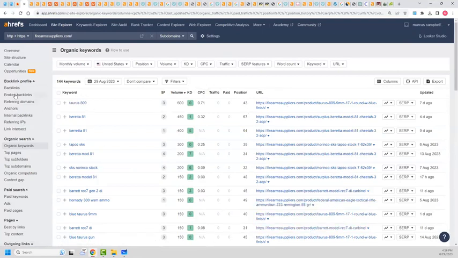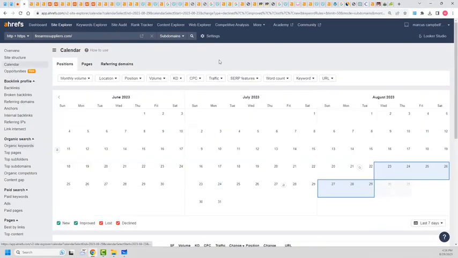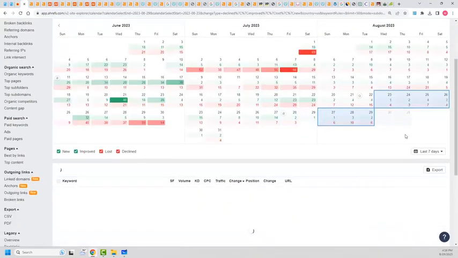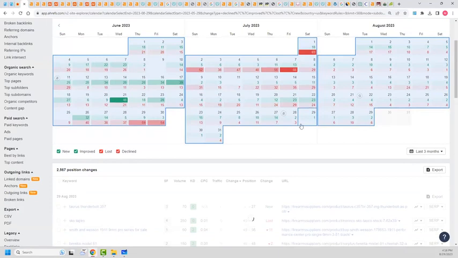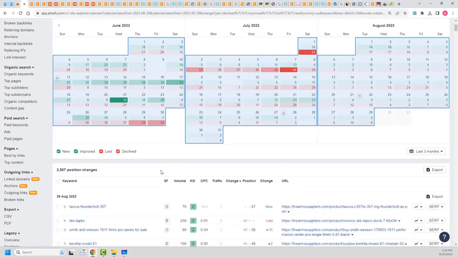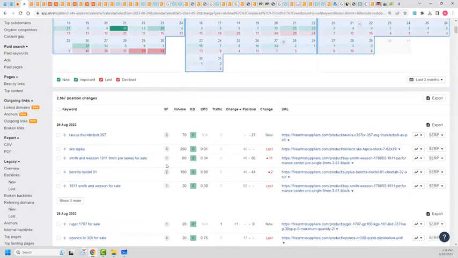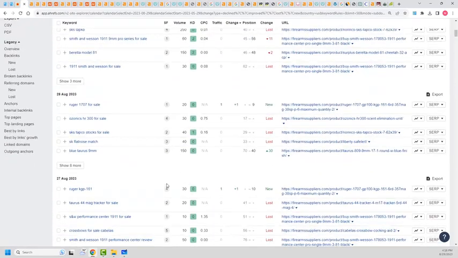Pretty good. All right. Let's take a look at our calendar. Last 3 months. Ranking for all kinds of gun products. 250, 150, right?